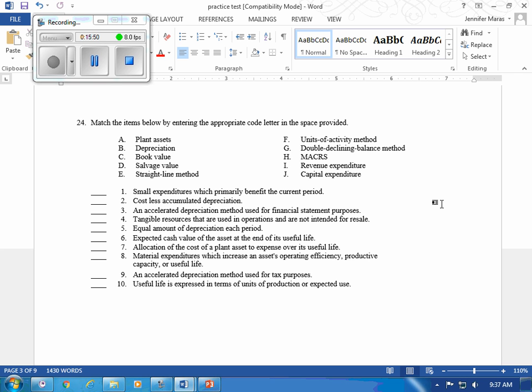Number 2 is C. Remember, cost minus accumulated depreciation is book value. Cost minus salvage value is depreciable cost.